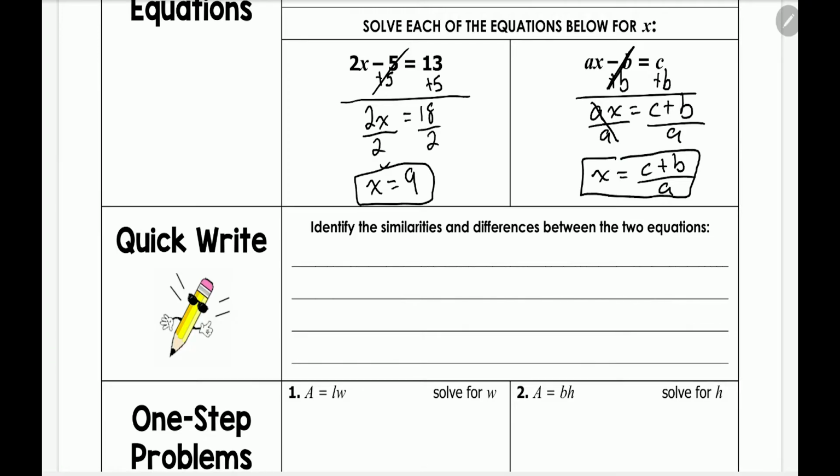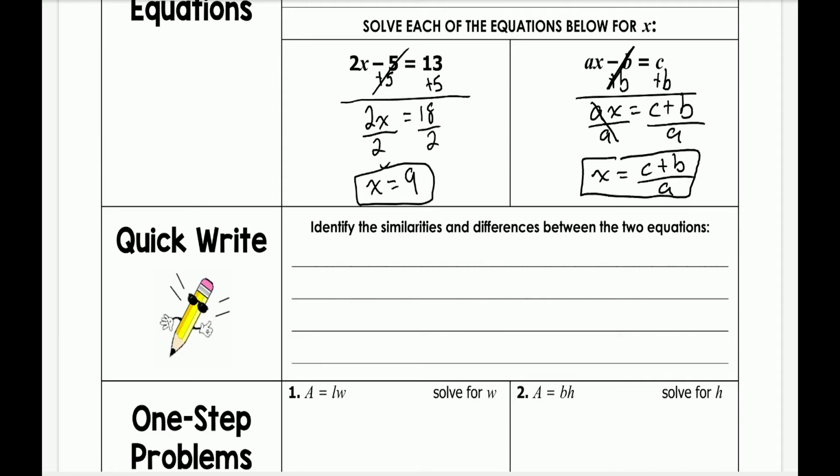It's just working with the letters like you would with numbers so that you're able to solve for any variable that I tell you to. I could ask you to solve for b instead of x, or a instead of x, and your goal would be to isolate the a or the b, whichever one.